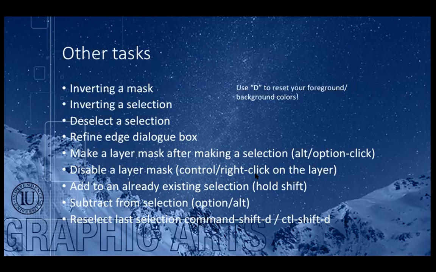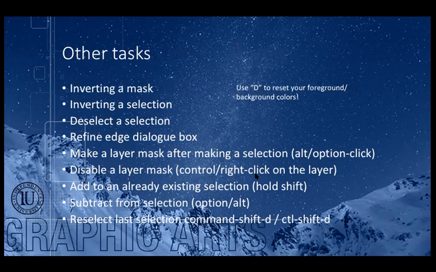Add to an already existing selection is hold Shift, and I showed you that when I was doing the demo in the last two lectures. I was telling you to hold the Shift key down if you needed to skip over a part of the image, like with the dress, the woman with the purse, for example.